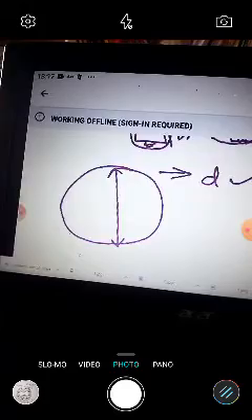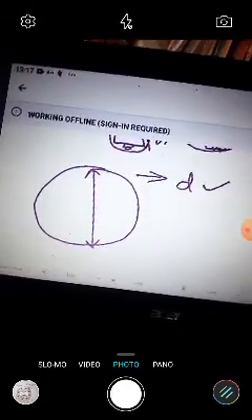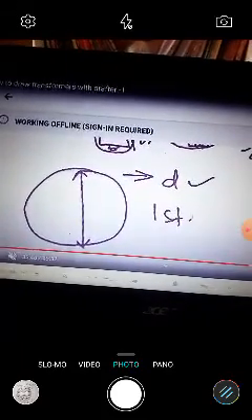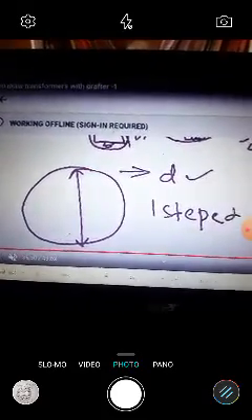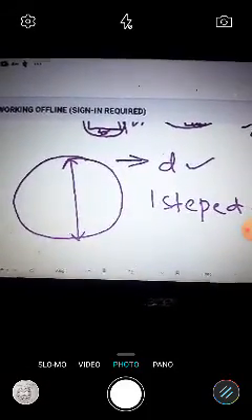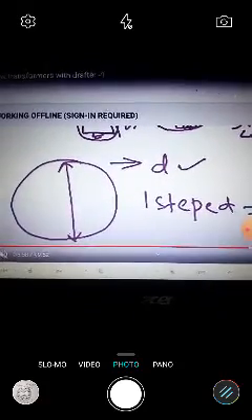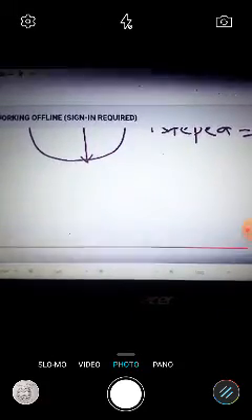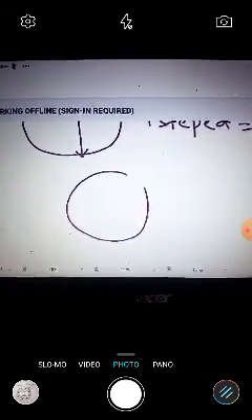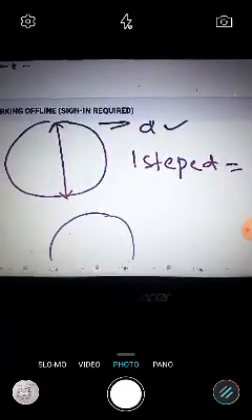After taking the dimension, you will find length 1, length 2, length 3. If it is a single step core transformer, what will it be? It will be 0.71d. Let us take an example where dimension d is given, which is 10 centimeters.